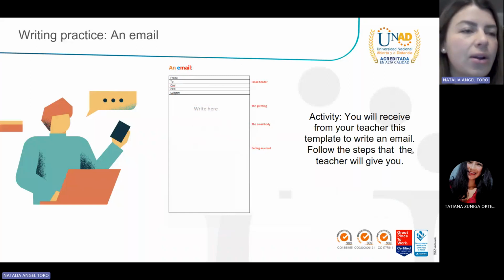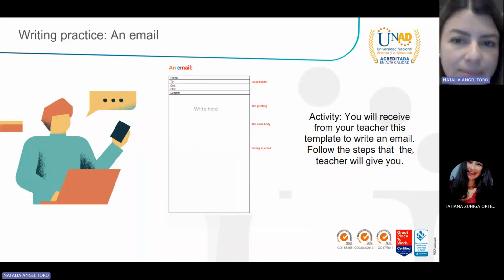Okay, so we're going to write an email. That's why I already asked you if you have a computer or a cell phone. So if you can, please open an email to write your work. Vamos a trabajar haciendo un email. Si puedes abrir un email, fantástico. Si no, en una hoja de Word, no pasa nada.